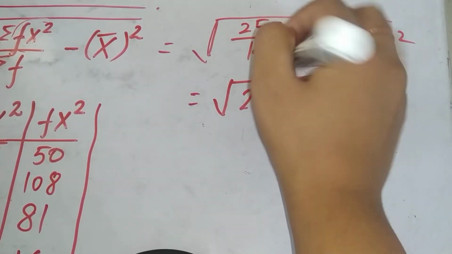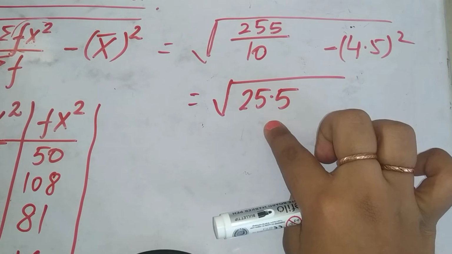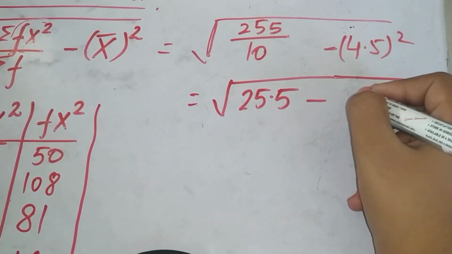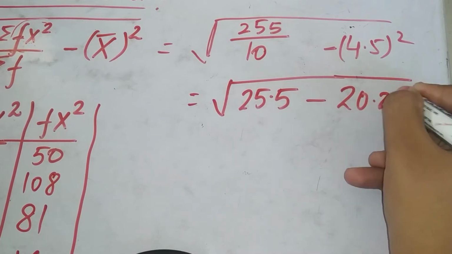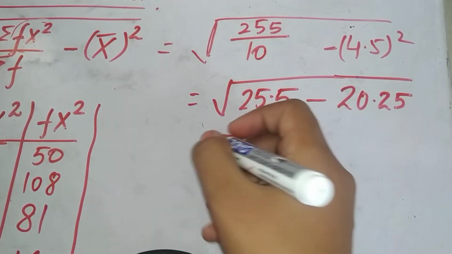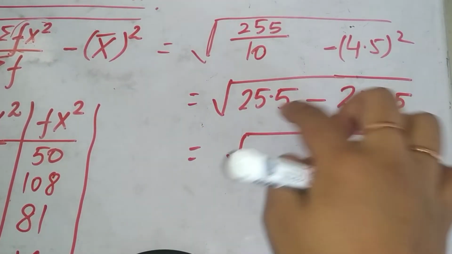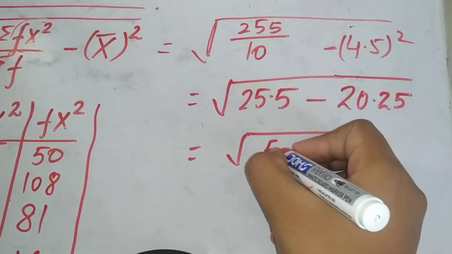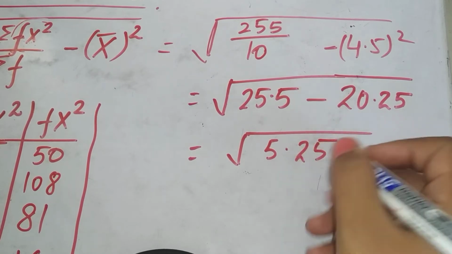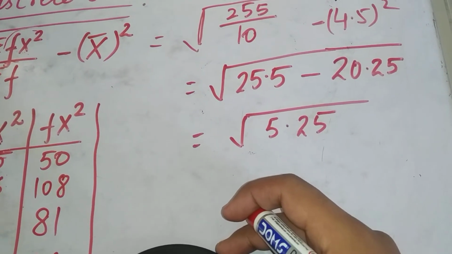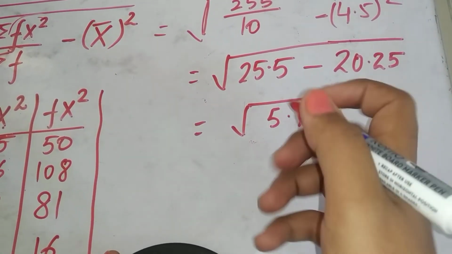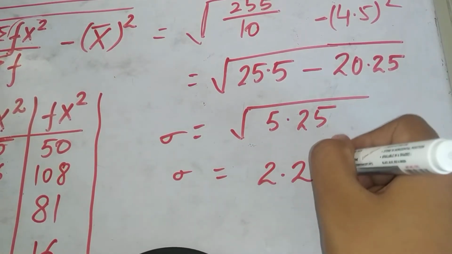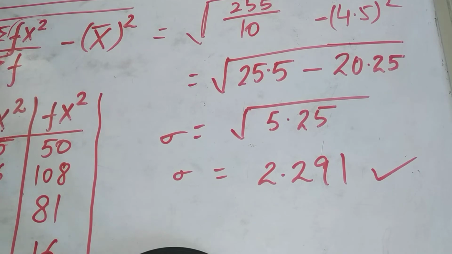If I divide 255 by 10, this will be 25.5 minus 4.5 square, which is 20.25. Now 25.5 minus 20.25 is 5.25, and if we take the square root of this, we get the value for standard deviation as 2.291.